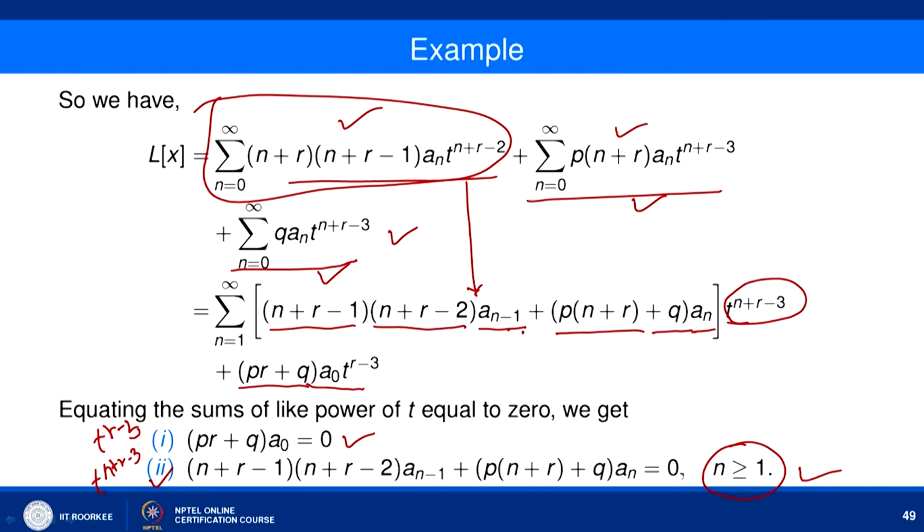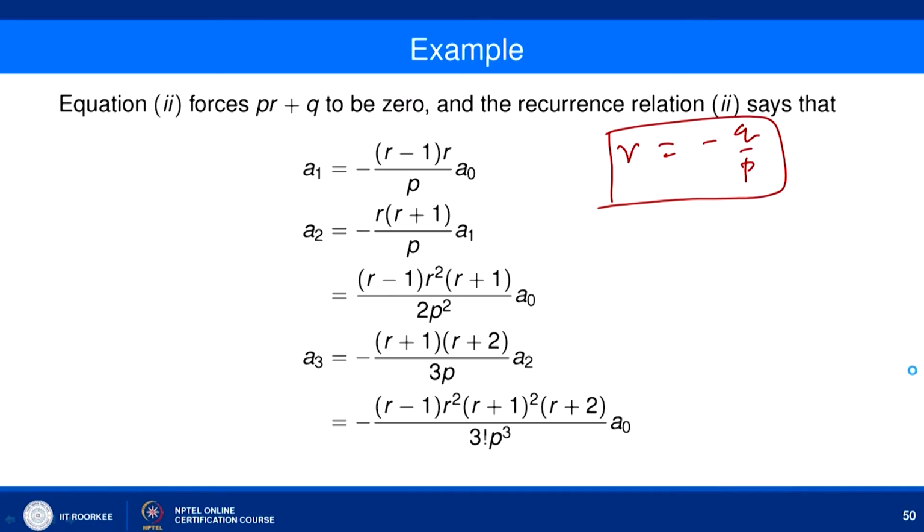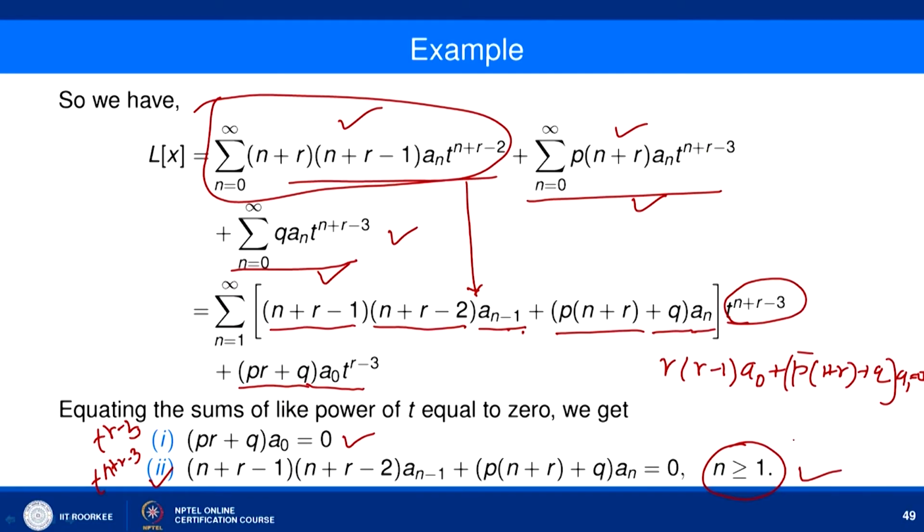Putting n equal to 1, we get r minus 1 a naught plus p into 1 plus r plus q a1 equal to 0. So you can calculate your a1 like this. So a1 is coming out to be this value. So a1 is going to be what?